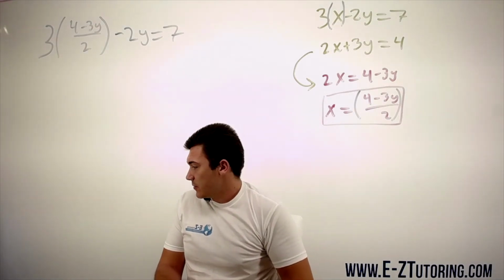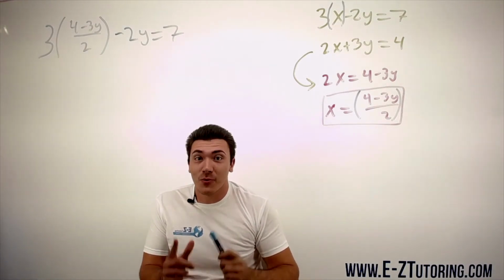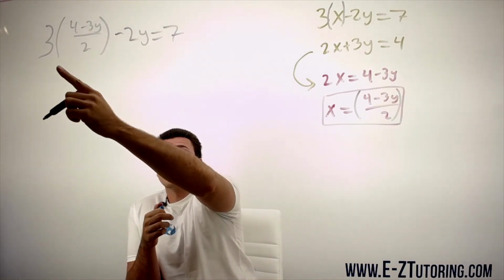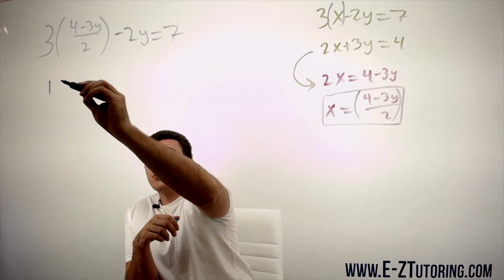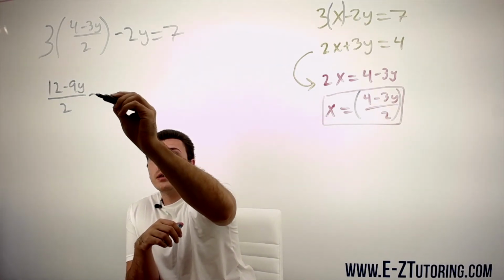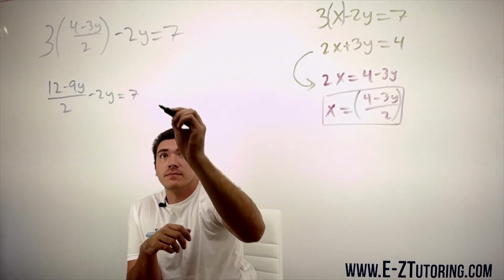Okay, so messy problem. I warned you guys. So what we can do is distribute this 3 into the numerator and get 12 minus 9y divided by 2, minus 2y equals 7.